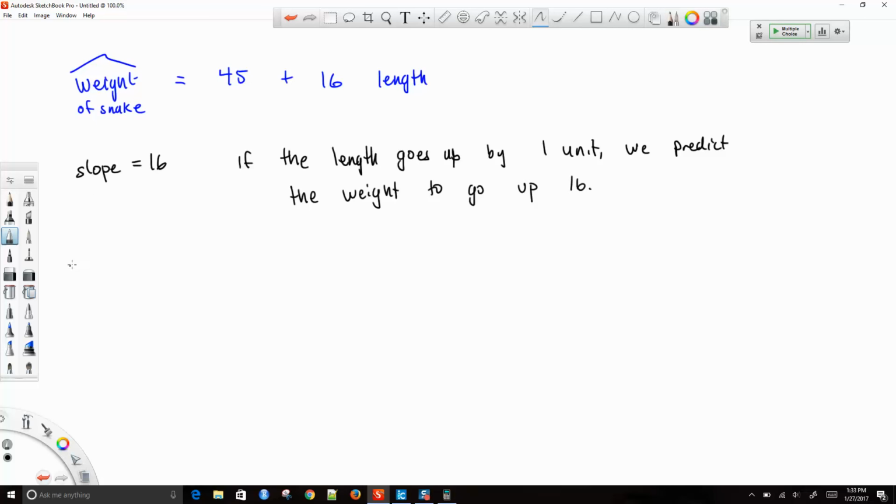As far as our intercept, here it is 45. And that would be, if we have a snake of length 0, we predict its weight to be 45. And that just doesn't make sense.